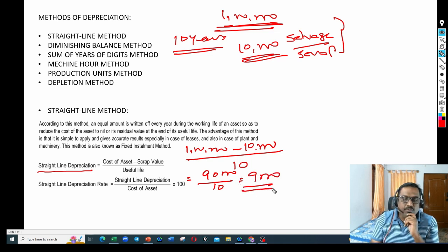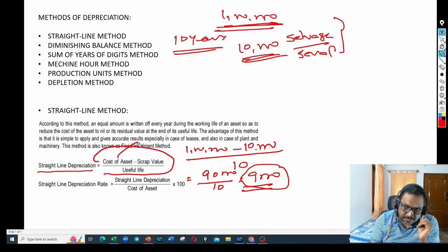So every year you need to write off 9,000 rupees as depreciation. Getting my point? So this is how this formula is applied. Cost of the asset is 1 lakh, scrap value is 10,000, useful life is 10 years. When we put this formula, you get 9,000 rupees depreciation to be written off on a yearly basis.